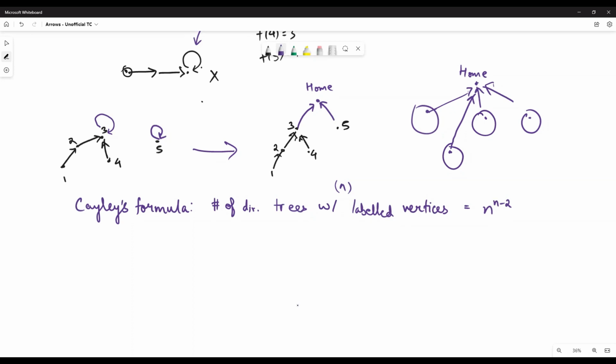And we have the vertices 1, 2, 3, 4, 5, and home. We have 6 vertices. And this gives us 6 to the 4 equals 1296 graphs.